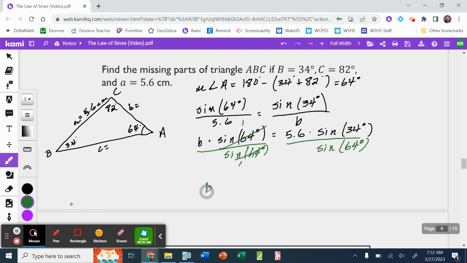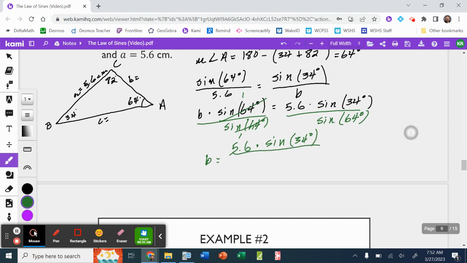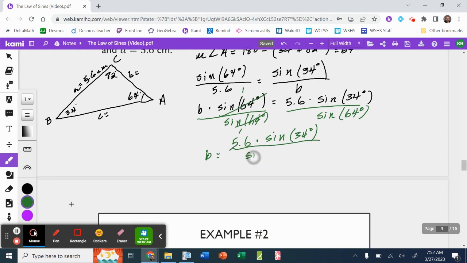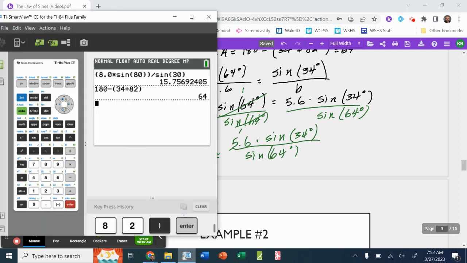So this will leave us with B is equal to 5.6 times the sine of 34 degrees divided by the sine of 64 degrees. So this is going to give us the second missing piece. We already know angle A. We already found that to be 64 degrees. So let's figure out what the length of side B should be, approximately, of course.